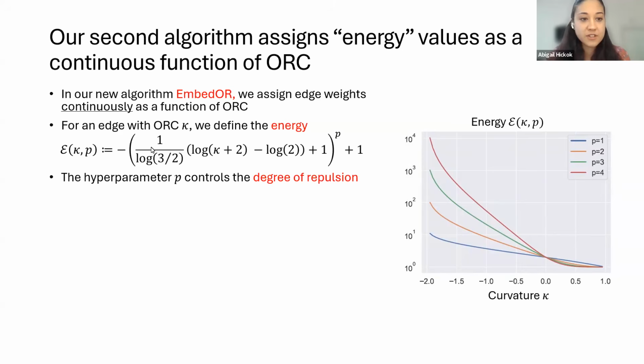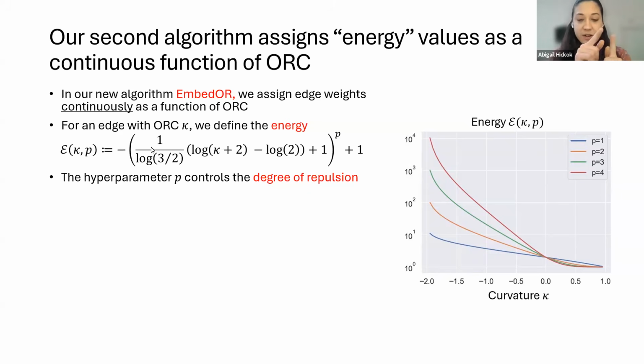This energy function decreases monotonically in the curvature kappa. On the right here, you can see a plot of this energy function for various values of the hyperparameter P. Remember, curvature is between -2 and 1 here. As the curvature approaches -2, the energy goes up to infinity.